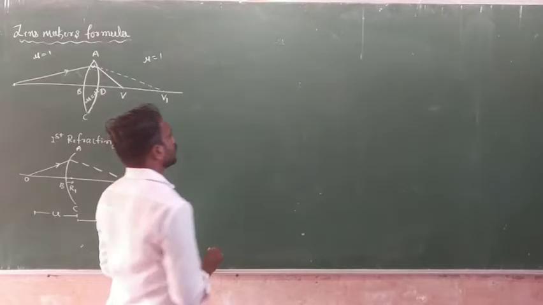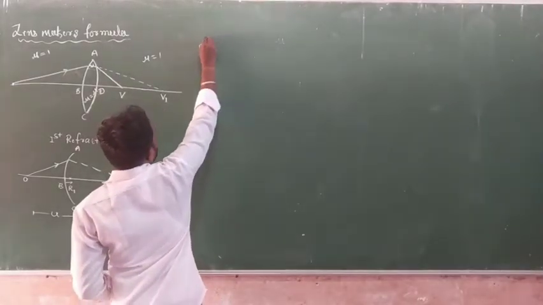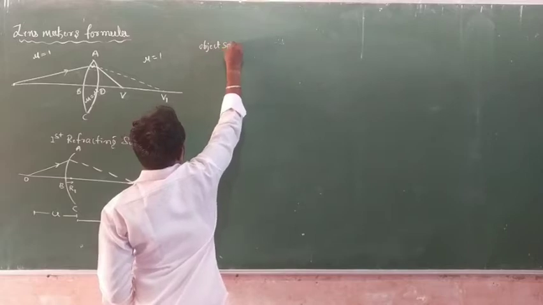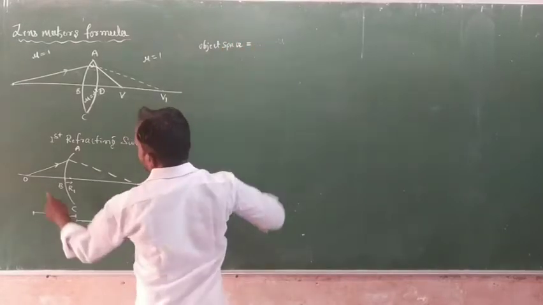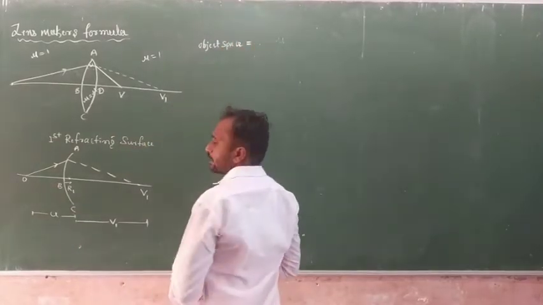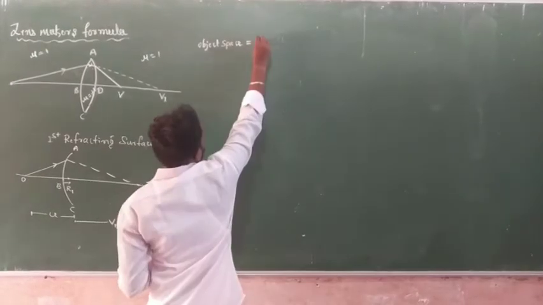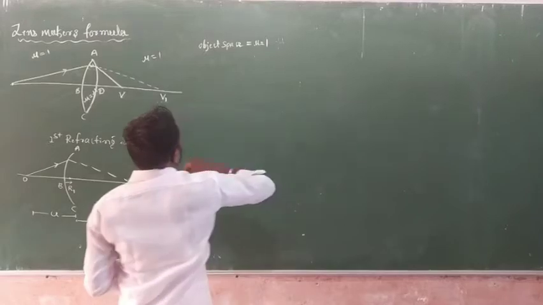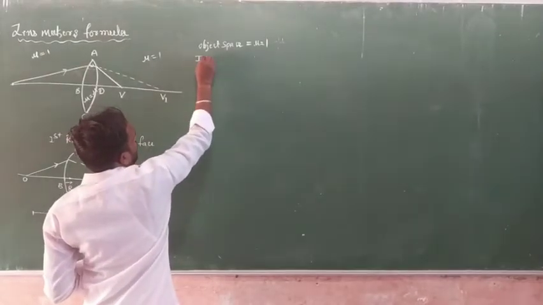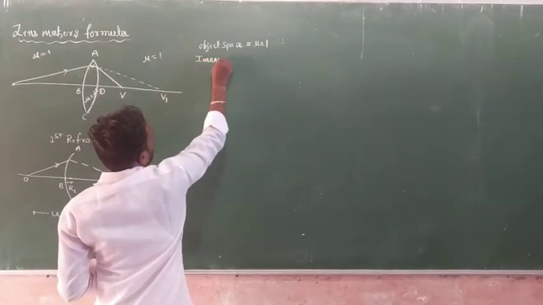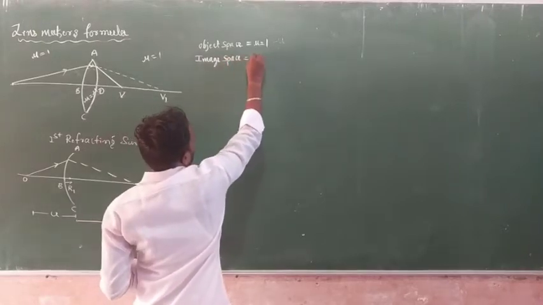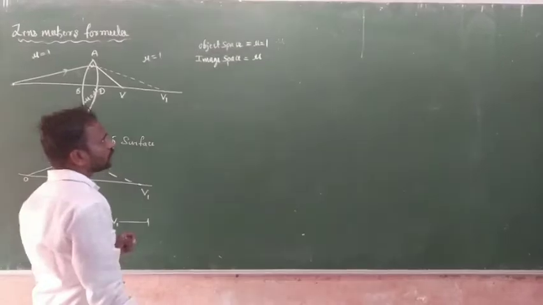Object space: here we consider the first medium, and its refractive index is 1. And image space: its refractive index we consider to be mu.